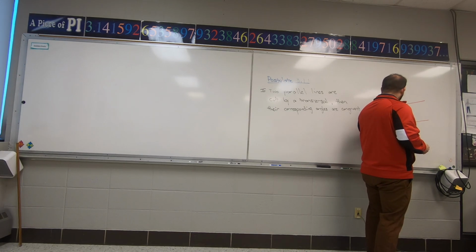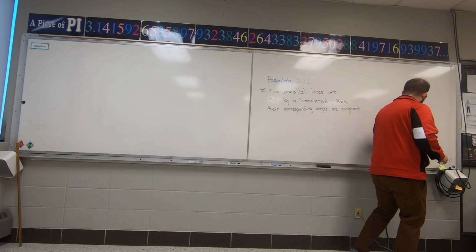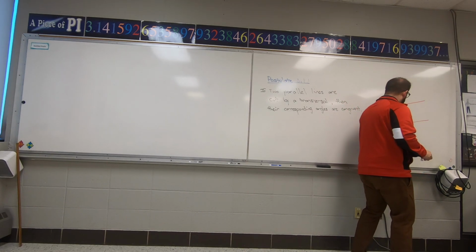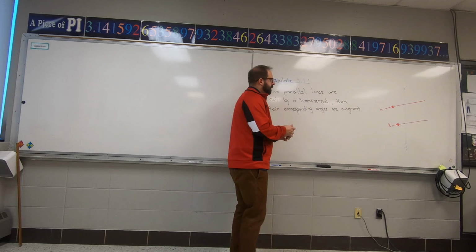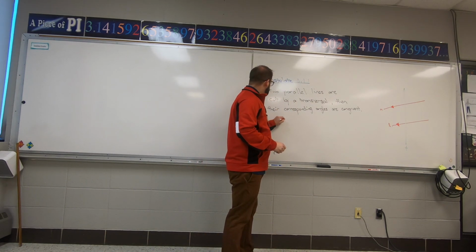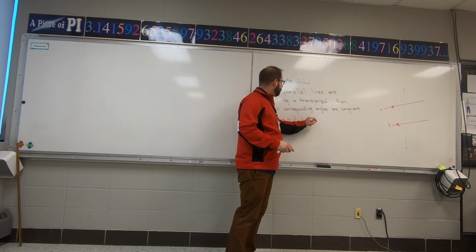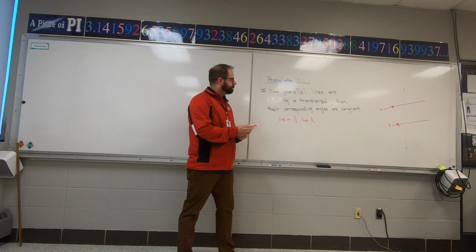That shows that the lines are going the same direction, that they are parallel. Maybe this is M and L, and you have your transversal line T. Sometimes in the book they'll have that written off to the side: line M is parallel to line L, and T is a transversal.